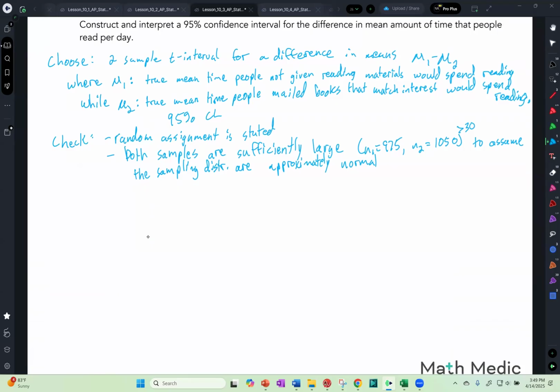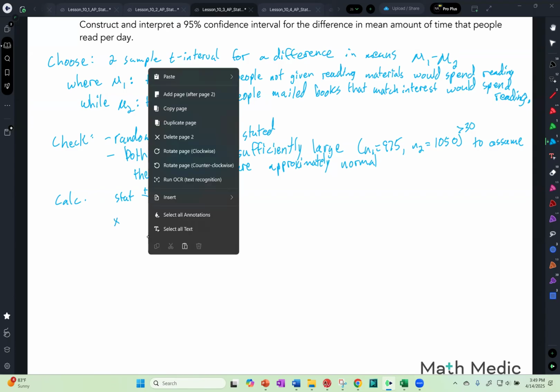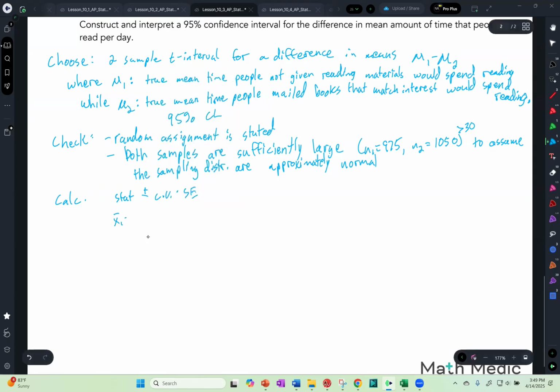So choose, check, calculate. Remember, statistic plus or minus critical value times my standard error. And so x bar 1 minus x bar 2 plus or minus a t-score times my standard error, which is going from that formula sheet. So remember, you can always go back and look at it.